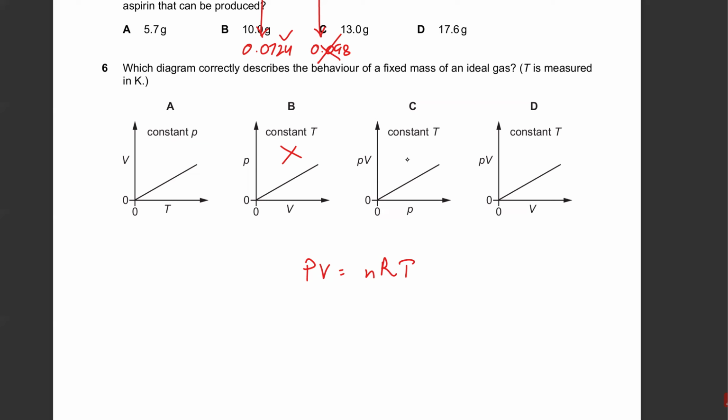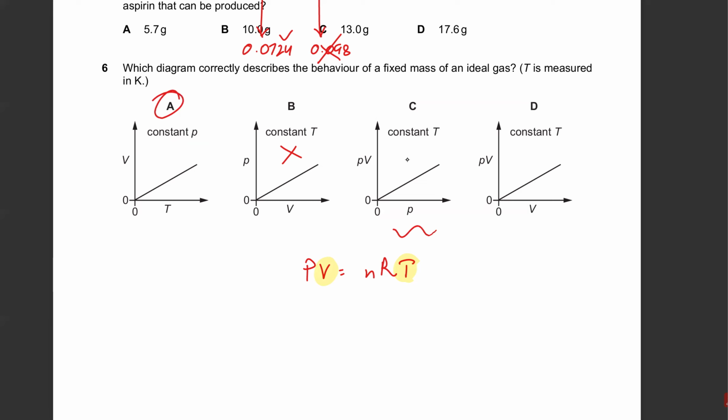Volume and temperature are directly proportional, if the others are constant. The pressure is constant, and the moles are constant as well because it's a fixed mass. So that's fine. A is perfectly fine.